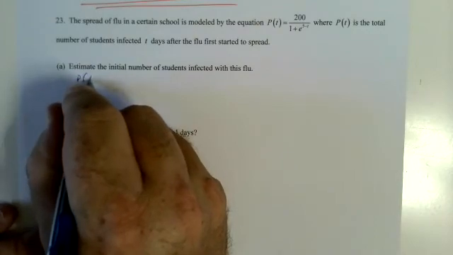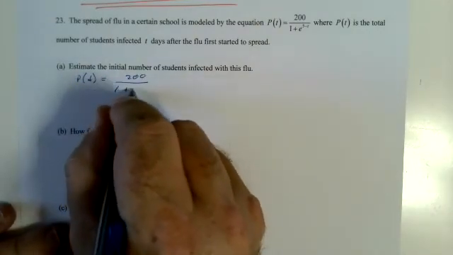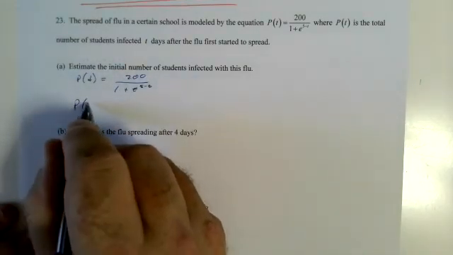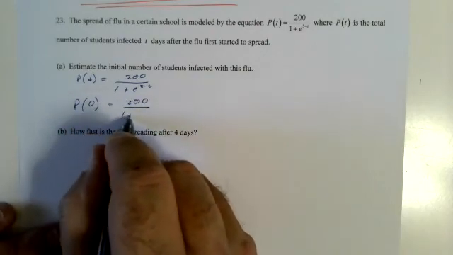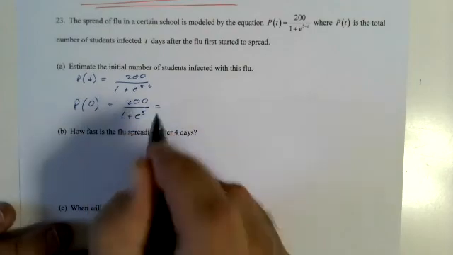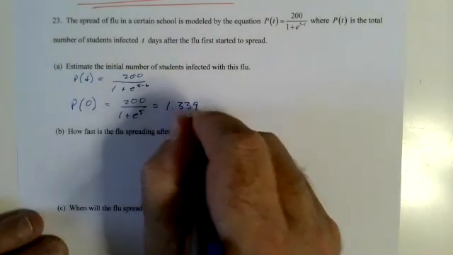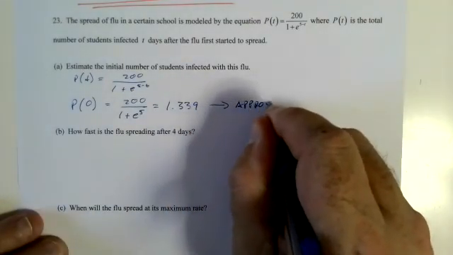So P of t equals 200 over 1 plus e to the 5 minus t. P of 0 equals 200 over 1 plus e to the 5. I got to throw a number out here, so we're going to go with 1.339, approximately 1 student.